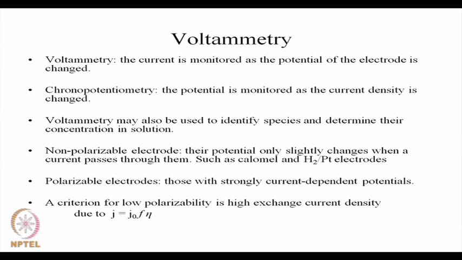Now, what is the use of voltammetry? It may be used to identify the species present in the solution. So, it is an electrochemical means of identifying chemical species present in the solution.